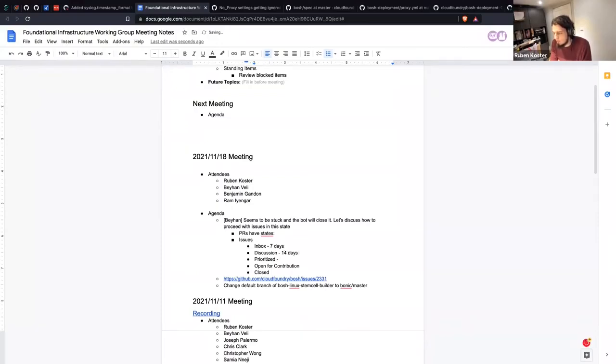Then we want it prioritized. After 30 days or 14 days, or how long do we want something to be prioritized? We are not going to close it, but if it's prioritized, there should be someone assigned, right?